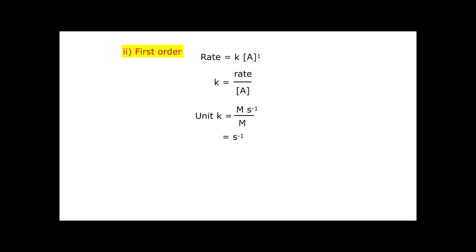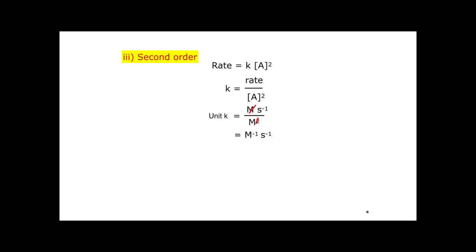If X is first order, the rate equal to K concentration A to the power of 1. The unit of K would be M per second divided with M, and we will get per second. It can also be any per unit of time.